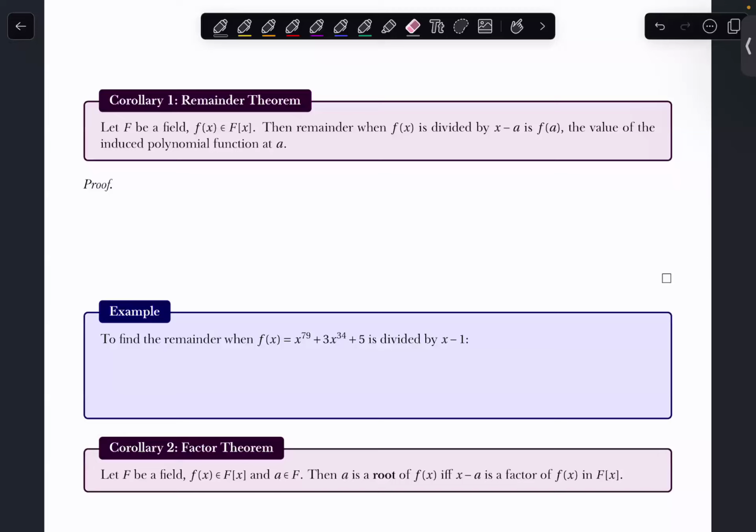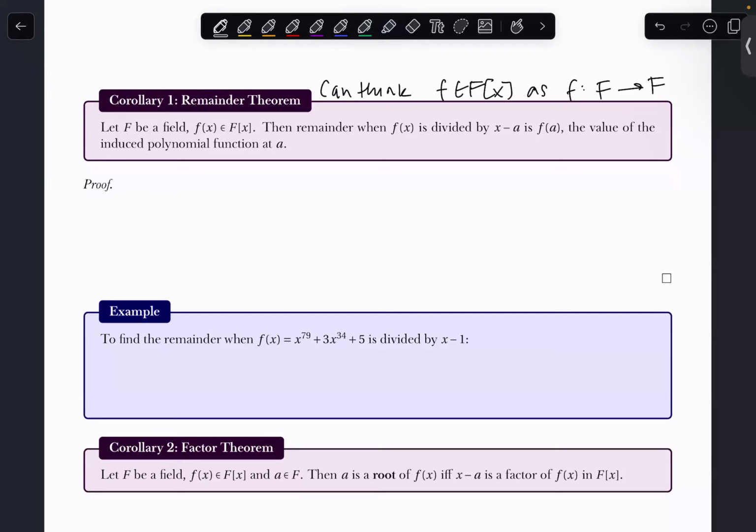Technically these are polynomials, but we can think of the functions induced by these polynomials, where we'll tell you exactly what the domain and codomain are going to be. The easiest one to think about is the domain is going to be where the coefficients are coming from, and the codomain is going to be the same exact thing. So I can think of my polynomial f inside of my polynomial ring as a function from my ring to my ring, from capital F to capital F. So it's going to induce some function here.